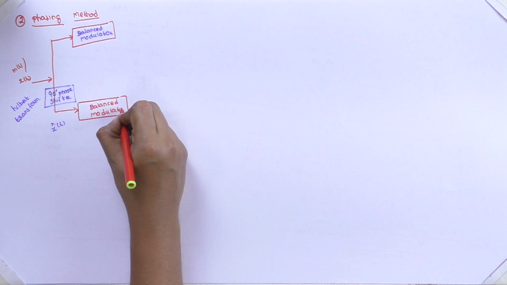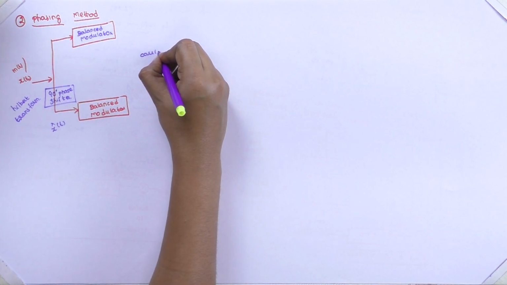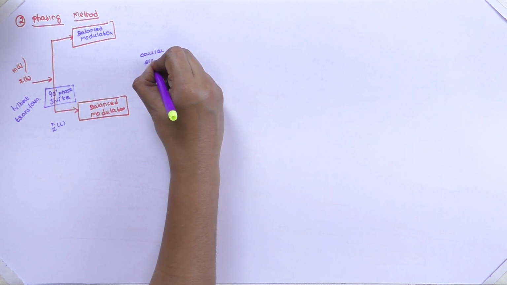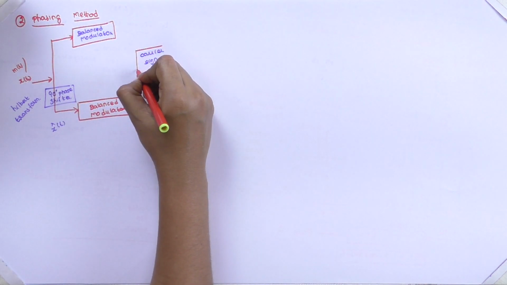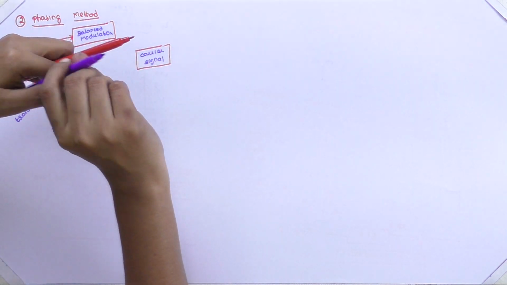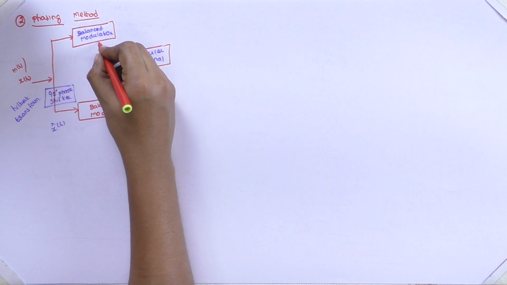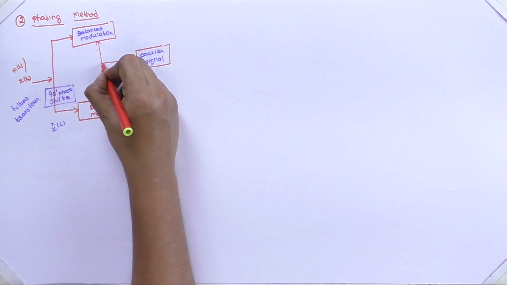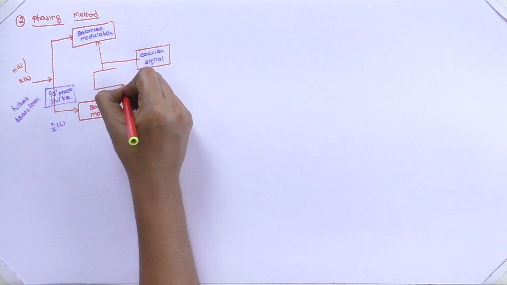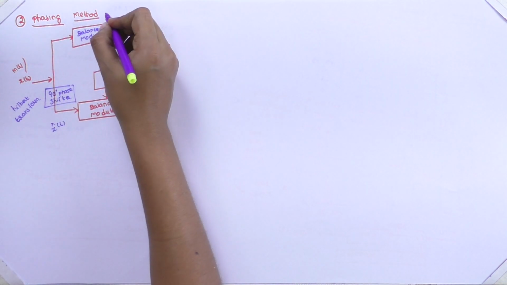So we have two balanced modulators here. Carrier signal c of t, which is Ac cos omega ct or 2 pi fct. We are applying this to the upper path directly.